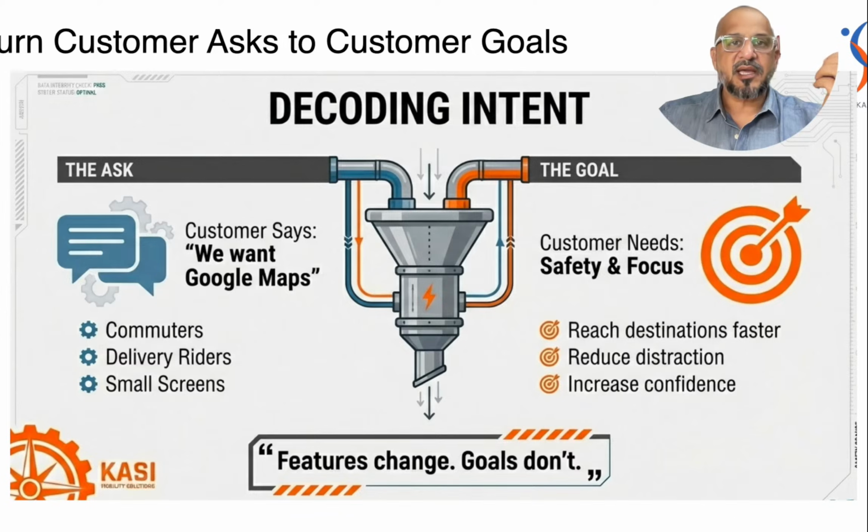Or you can have accurate software which is telling you in your ear, take this turn after 200 meters, take this left turn after 100 meters, stop, and your destination is on the right side. You can have software talking to you like that and giving you precise locations, right? Your intent is not to use the software, your intent is to reach your destination safely, right?